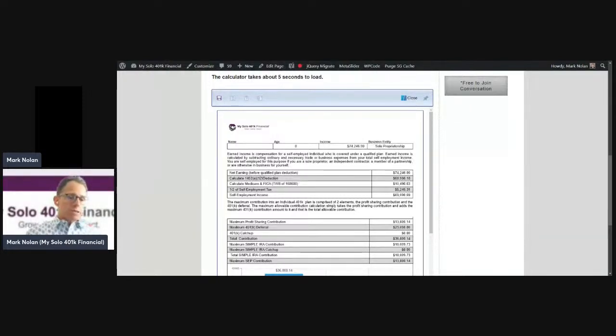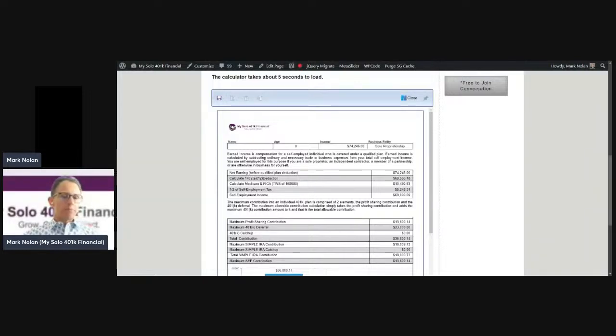So you're not going to be able to contribute any Roth solo 401k funds or pre-tax solo 401k funds because the overall limit for tax year 2024 is $69,000 based on the $74,246.